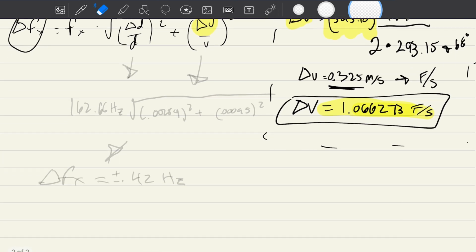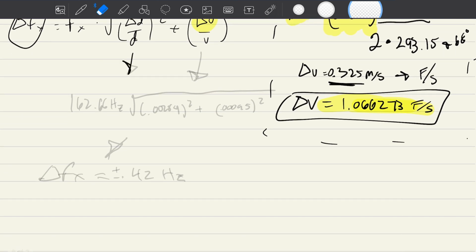All right. Now, if we take this and plug those values in, we get 162.66 hertz, which we calculated earlier, times the square root of 0.00289 squared plus 0.00095 squared.